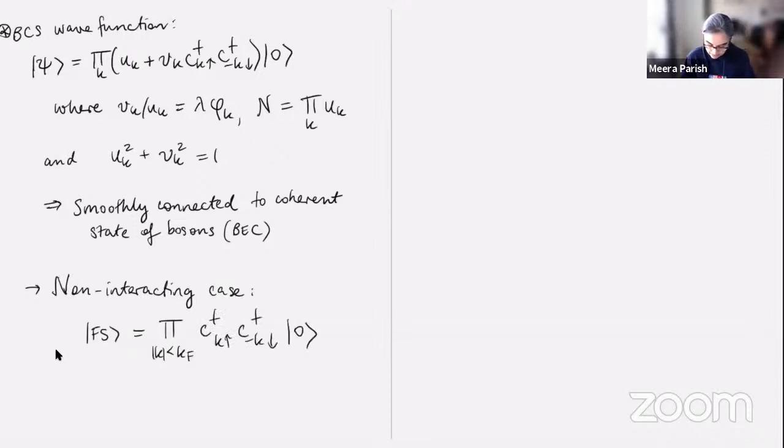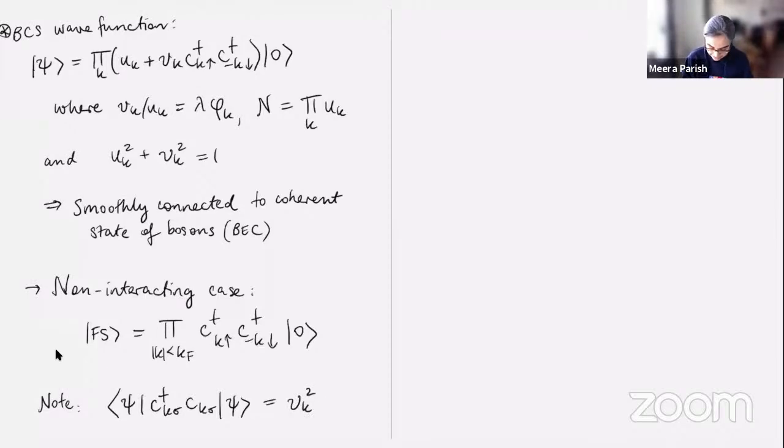Okay. And note that this parameter here is related just to the momentum occupation. So in other words, if you wanted to look at the momentum occupation, that actually just corresponds to VK squared here.